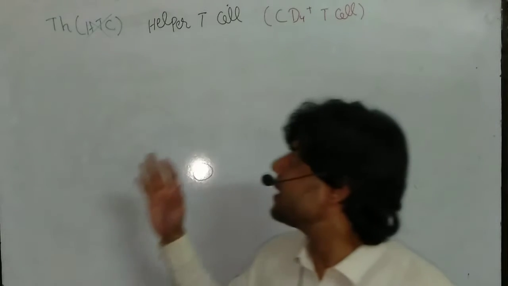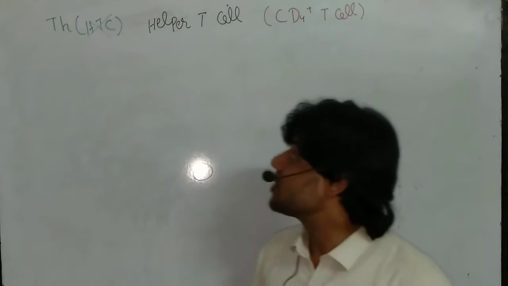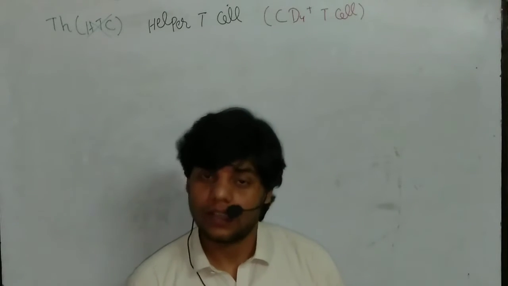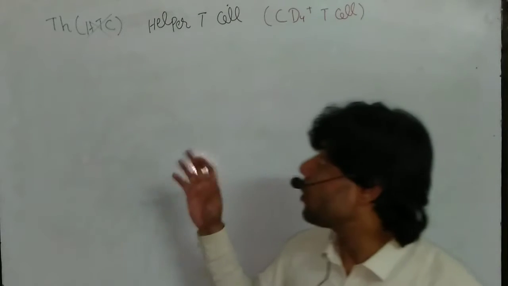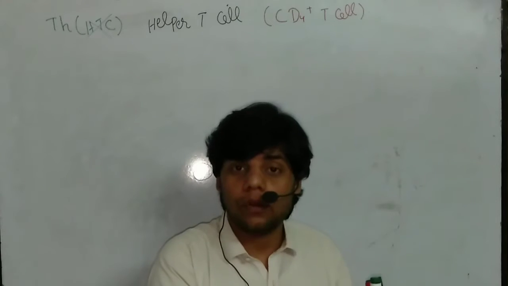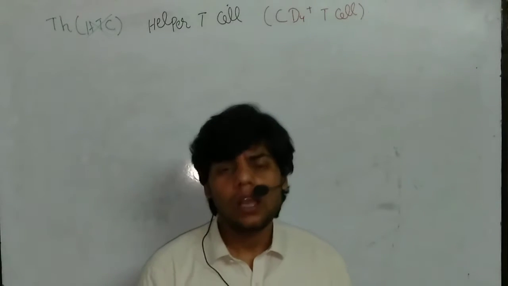Helper T cell is a type of immune cell which helps to eliminate different kinds of infection inside the body. As the name suggests, it helps to activate different kinds of immune system.